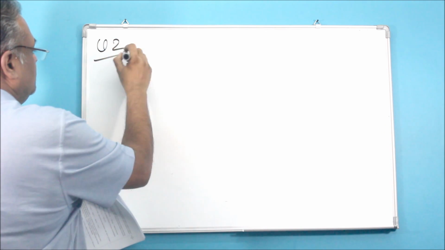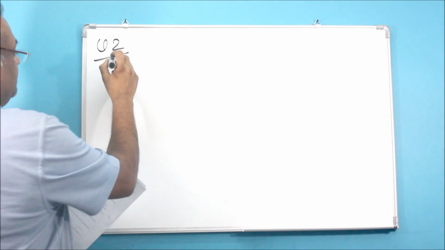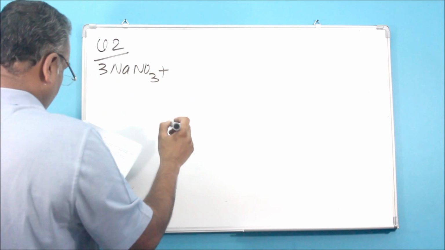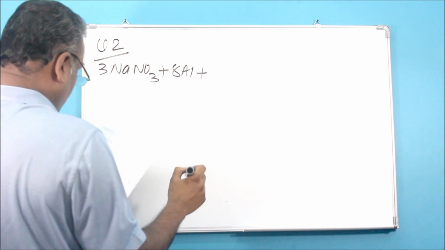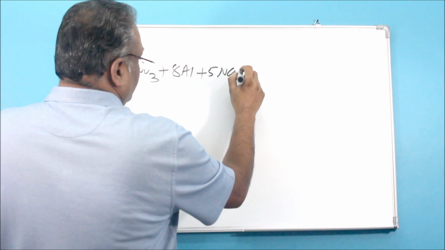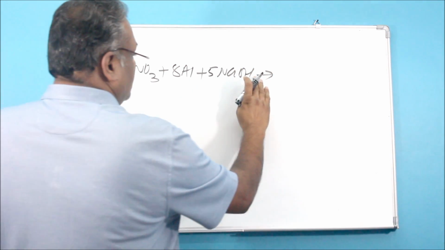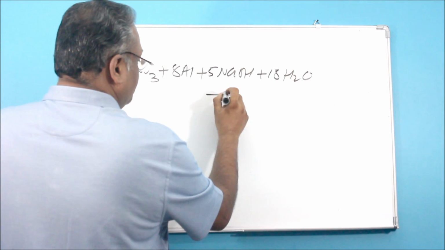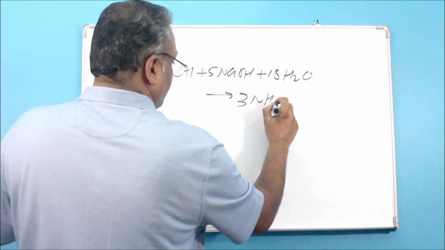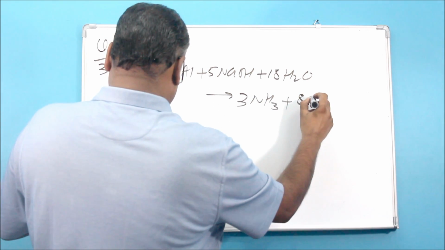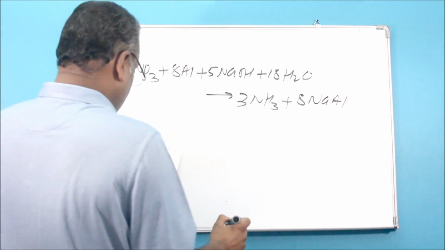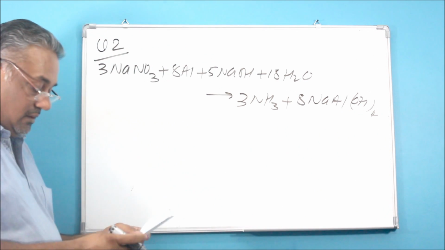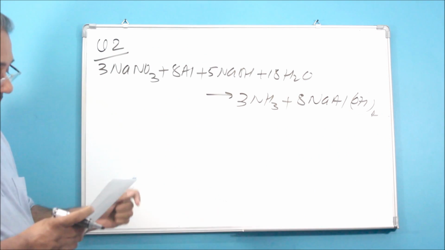This is question number 2. There is an equation mentioned: 3NaNO3 plus 8 aluminium plus 5 NaOH plus 18 H2O gives us 3 NH3 and 8 NaAl(OH)4. A couple of other equations are also given to help out with the ratios.